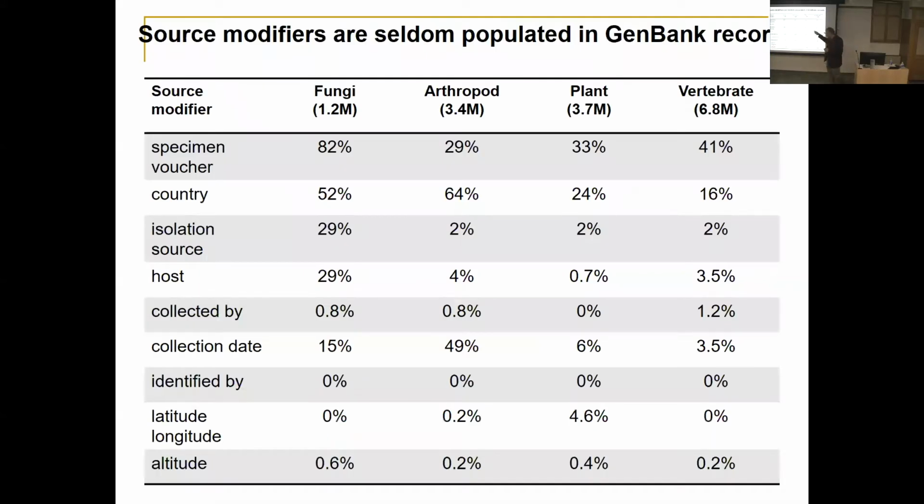And this was one of the primary reasons why we decided to do this. I did some searches in GenBank last year for what they call source modifiers. That's basically another word for specimen metadata, but GenBank refers to it as source modifiers. They're seldom populated in GenBank, right? So we can look at all these different primary source modifiers for all these different groups.